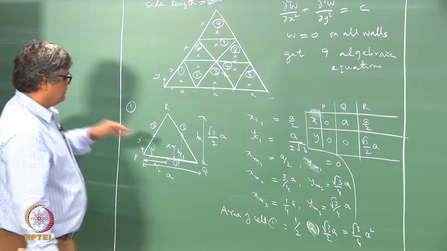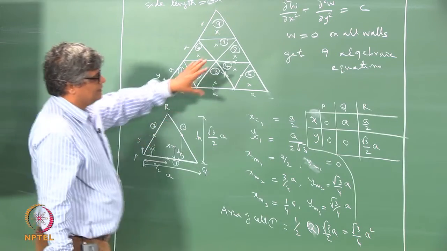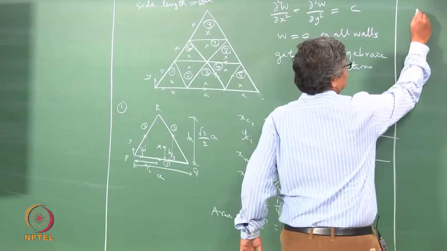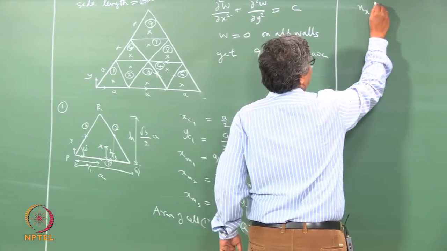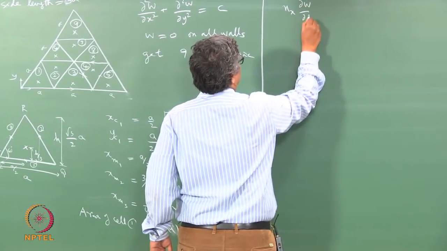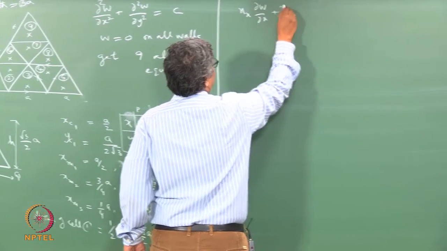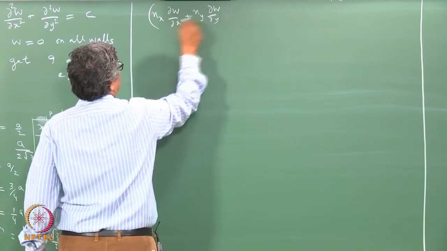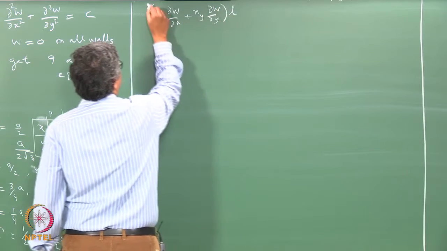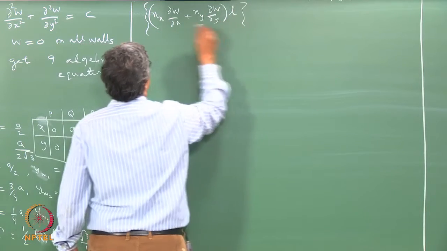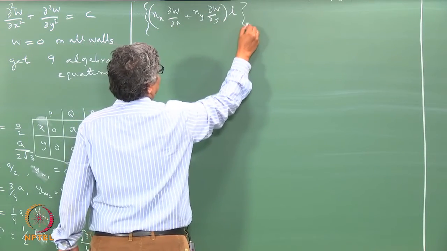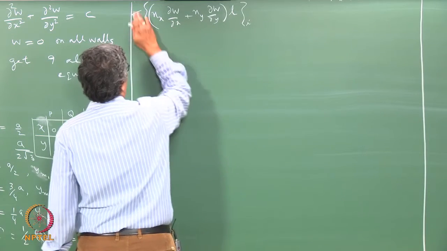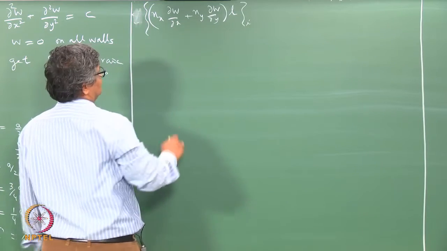And we can now look at the discretization of this, which we can write as the sum of nx dou w by dou x plus ny dou w by dou y, times L, for cell I, for side I over all the 3 faces.